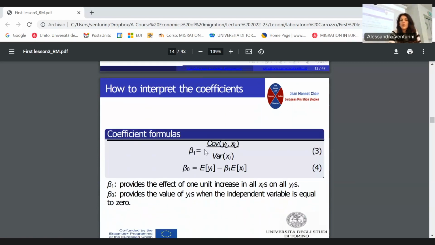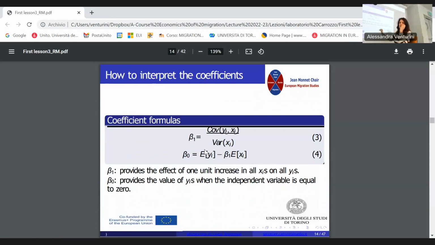How to interpret the coefficient? This is very important. So, beta 1, which is the slope, is the covariance between y i and x over the variance of x.